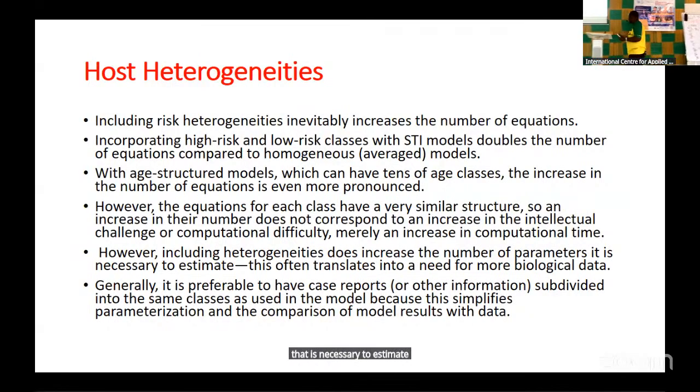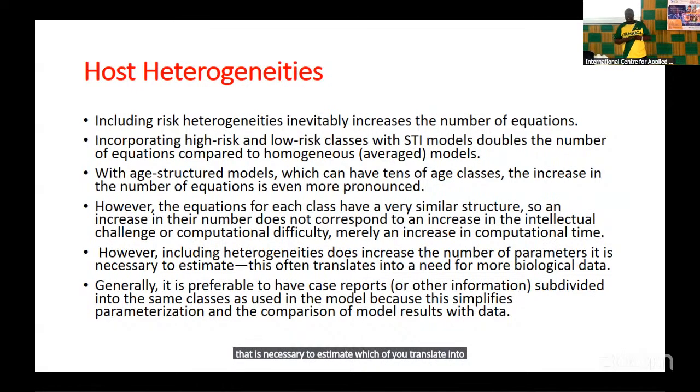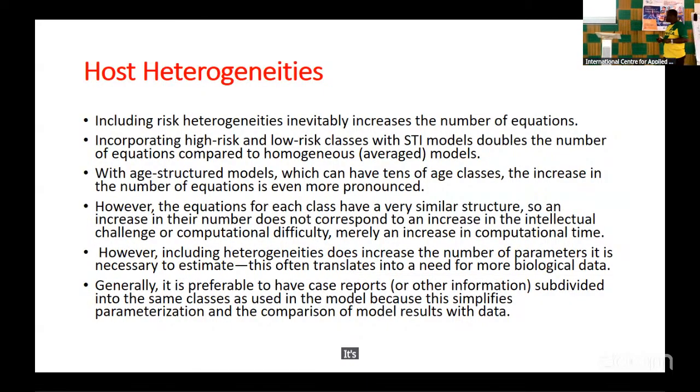This often translates into a need for more biological data. Now, because you are having so many parameters in the model, there may be a need for you to get more information about those parameters in terms of the data available.